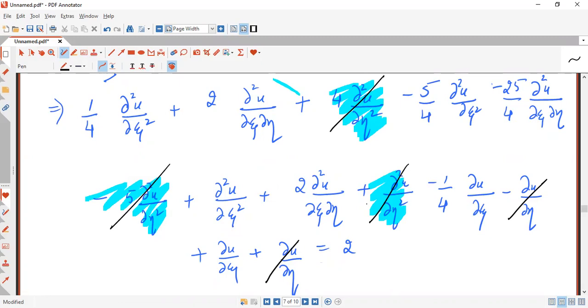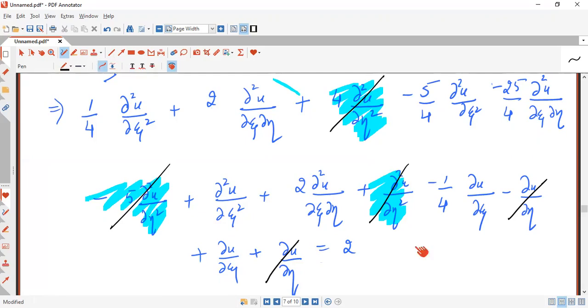If I see del u by del y, here it is minus 1.4, here is positive 1. There's something which we are missing here. No, correct? No. See.